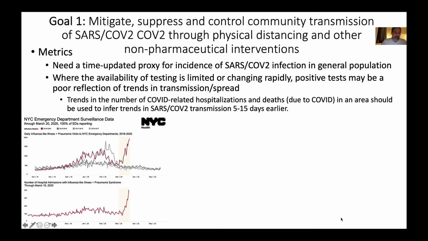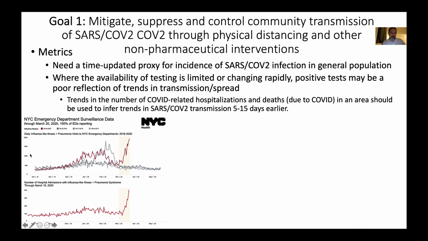And in fact, the New York City Health Department has a really good system in place to monitor these kinds of things, called syndromic surveillance. They monitor trends in department admissions for influenza-like illness and pneumonia, which is not the only way that SARS-CoV-2 presents, but it is one major way.